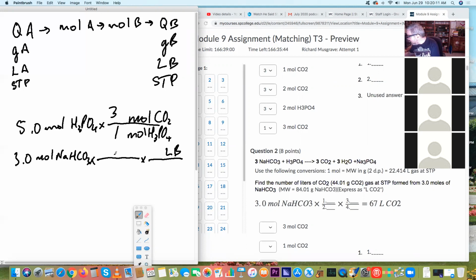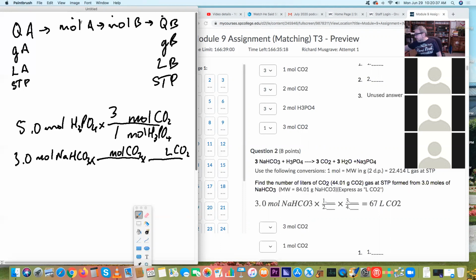So liters of B is what's going to be here. We're looking for liters of CO2, and that's going to be B. So we'll have, up the top here, moles of CO2. And what I want you to notice is that everything that lines up across the top here is everything that we want, and it matches what's here in the flowchart.